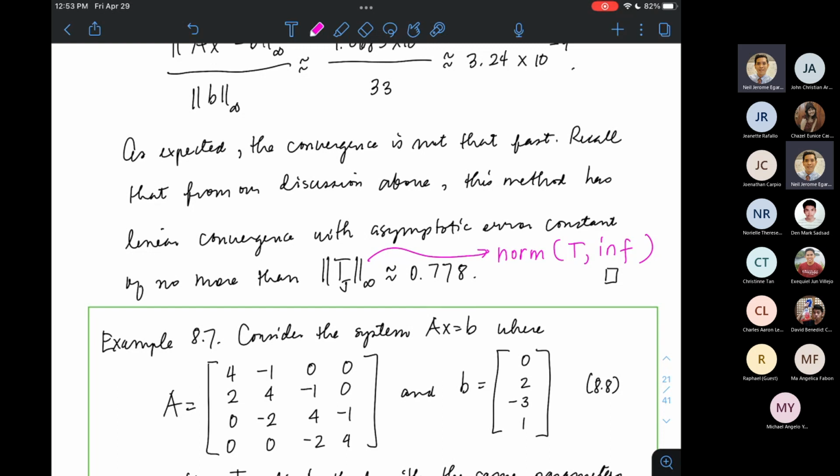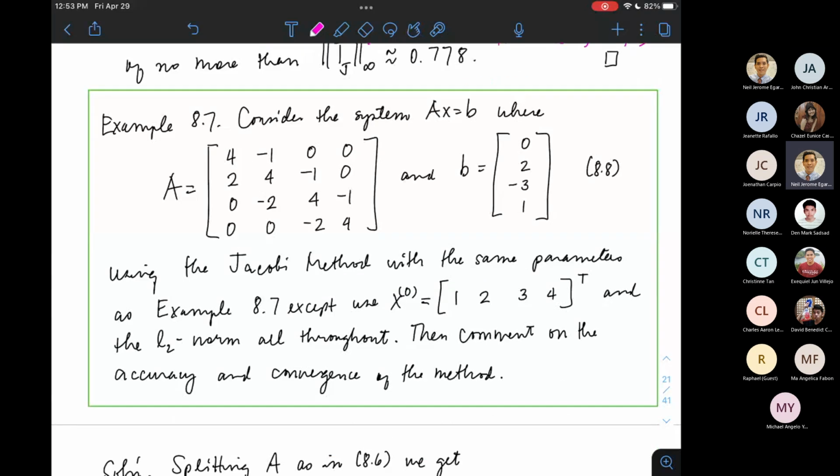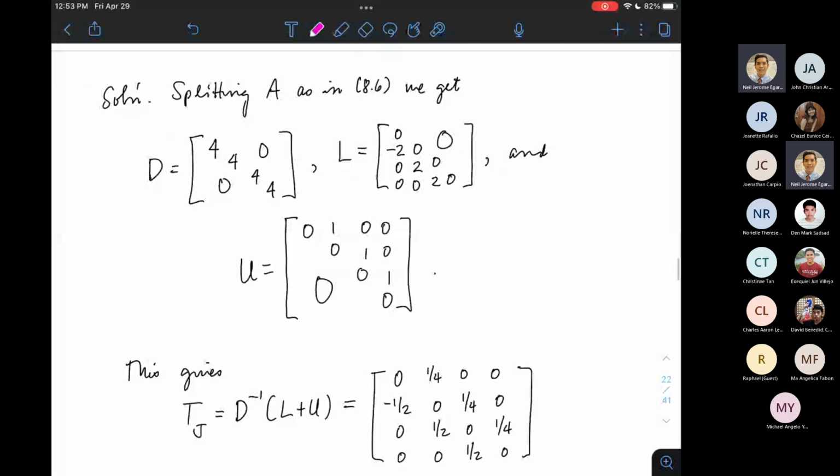You can try example 8.7, 4x4 matrix yan. Yeah, nandito yung solution, tapos i-verify nyo na lang siya. So I think the crucial part here is for you to design the iteration matrix.